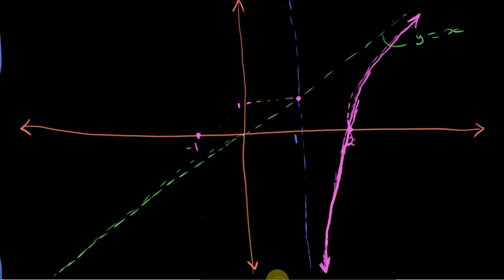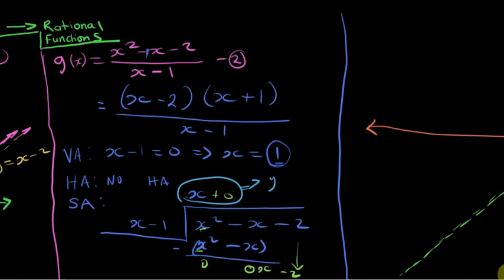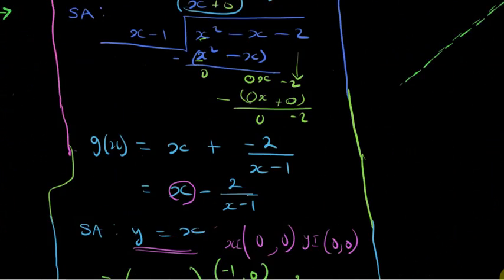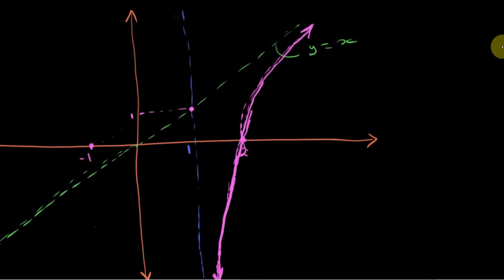What's the y-intercept? Yes, we do have a y-intercept. The y-intercept is at 2. When x is 0, y is 2. So the graph crosses the y-axis at 2.